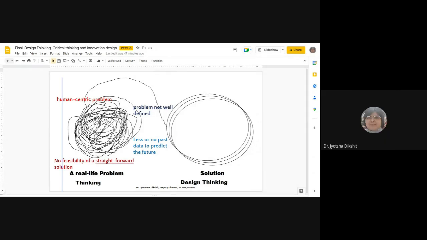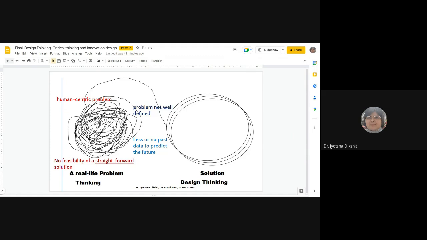So basically, all of you tried and gave your perceptions, but what we would like to say from this image is that the left hand side image is a very complex situation. I'll not say complicated, but it's complex, and involves a human centric problem.